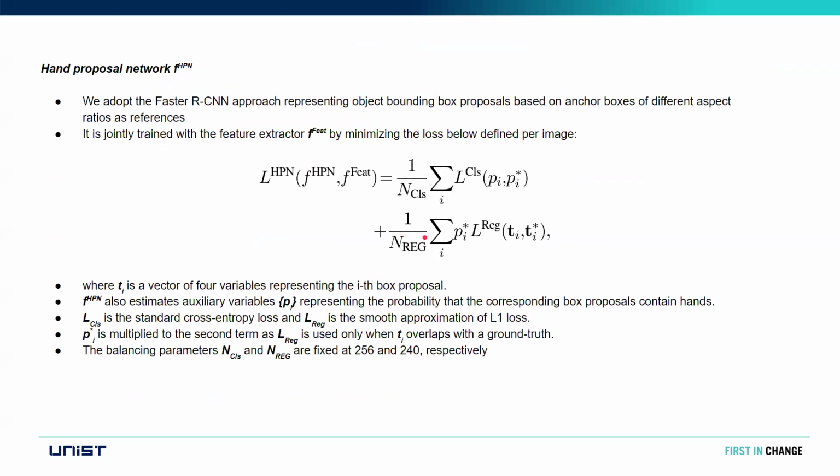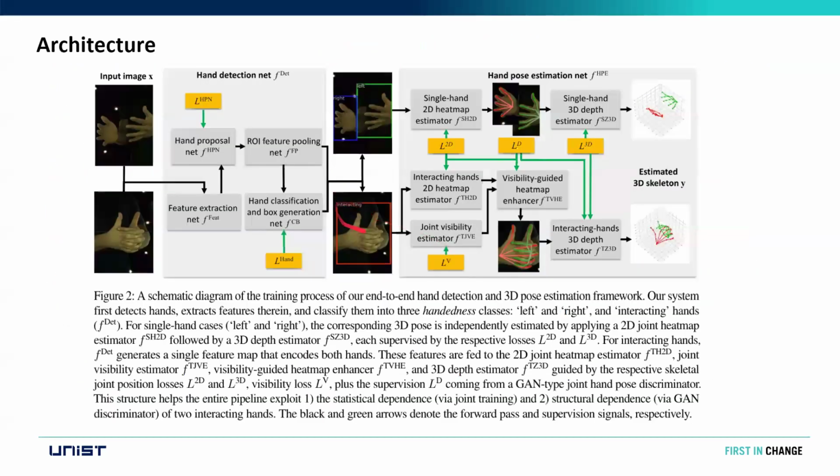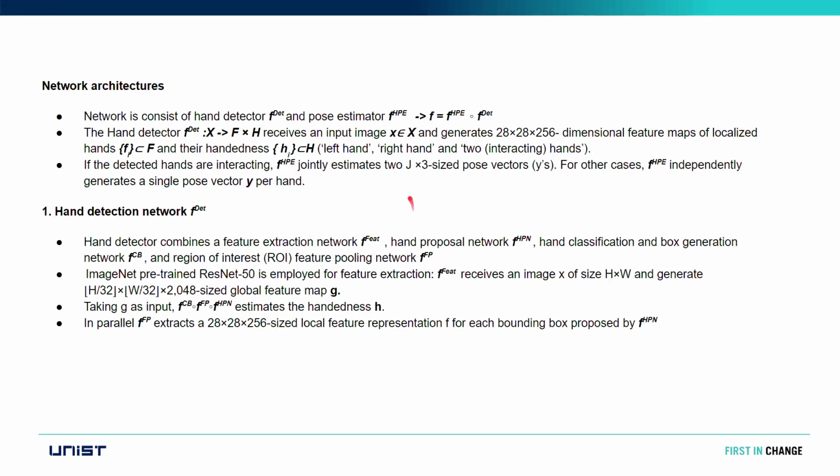Here for interacting, they do 2D heat map estimation, and they also do the joint visibility estimator, which estimates which key points are visible and which are not. Then they use this value to enhance the detected 2D heat maps. So they get much better heat maps for key points despite occlusion. They don't do this in the single-hand case because there's no occlusion, but in the interacting case, this is used.